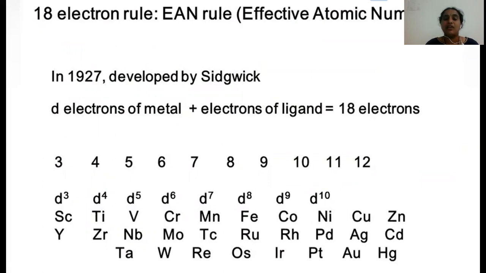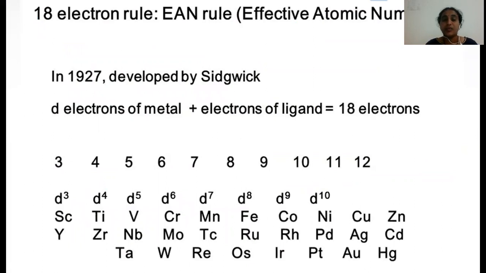If the EAN value of any central metal atom is equal to an inert gas atomic number, then those are stable and also diamagnetic. If the EAN of the central metal atom is not equal to the inert gas atomic number, then those are unstable and also paramagnetic.